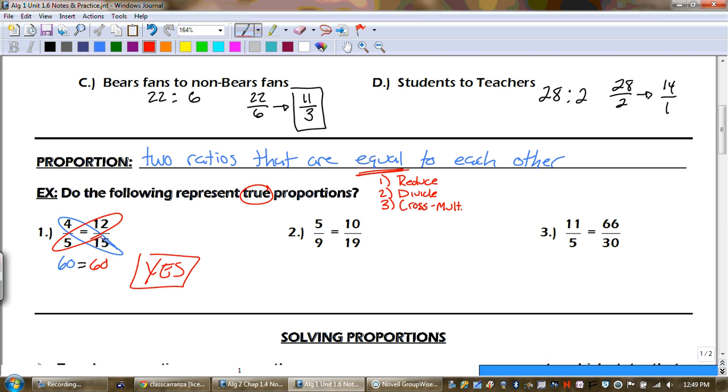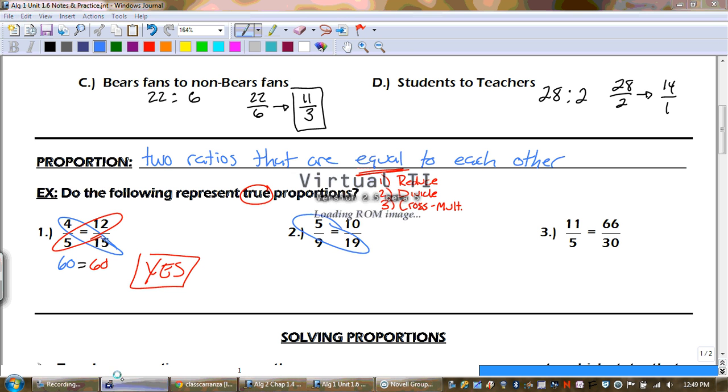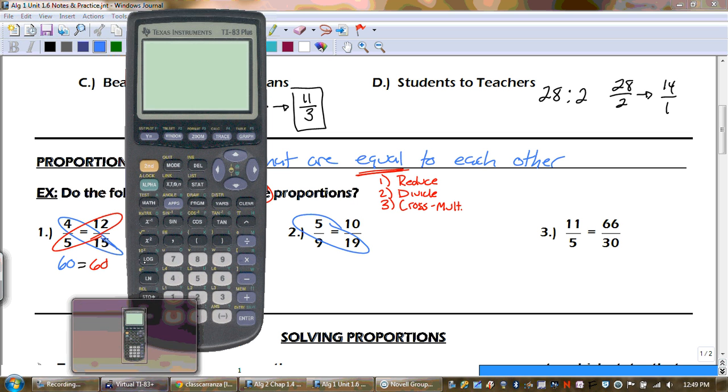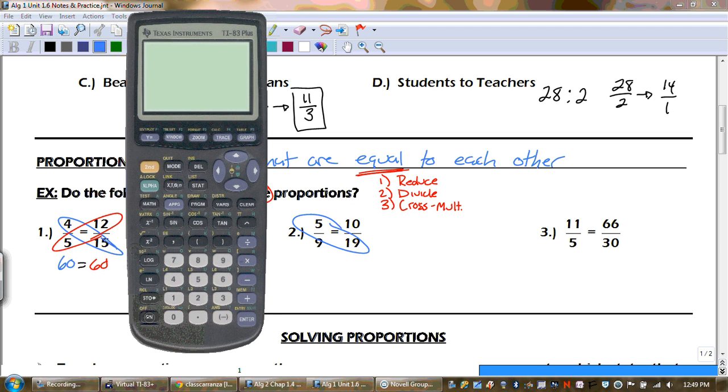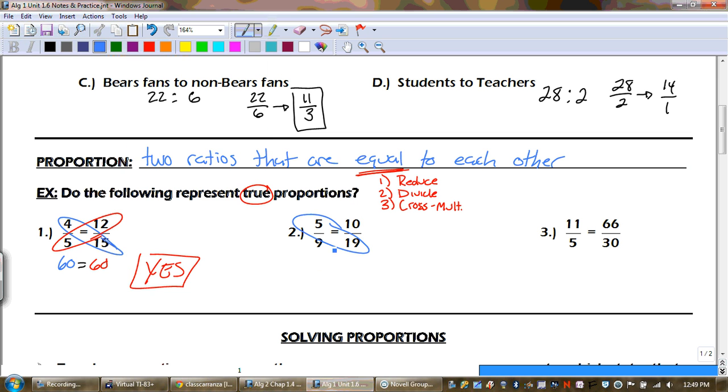Okay? So, for number 2, 5 times 19, do you know what 5 times 19 is? I don't know it off the top of my head. That's why I'm taking out my calculator. 5 times 19 gives us 95. So, does 95 equal 90?